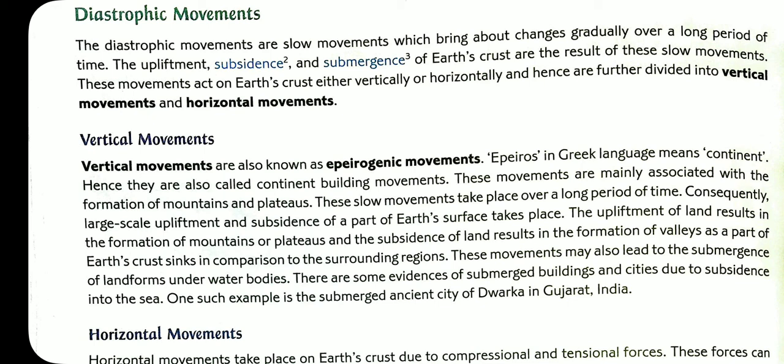One such example is the submerged ancient city of Dwaraka in Gujarat, in India. That means at one time this area submerged due to the vertical movement of the earth.